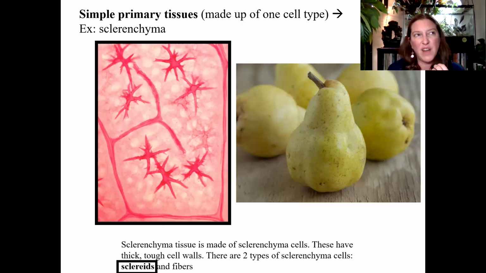Sclerenchyma tissue is very thick and has very tough cell walls. Sclereids are almost like little pieces of grit. If you've ever eaten a pear and you get that gritty texture that the pear flesh has in it, that's because of sclereids, right? That little gritty texture is the sclereids.